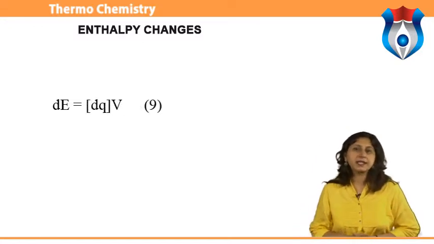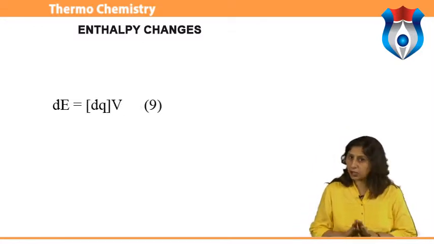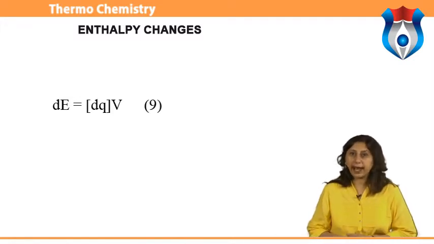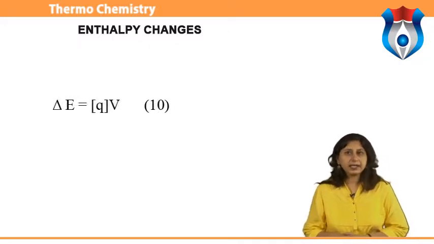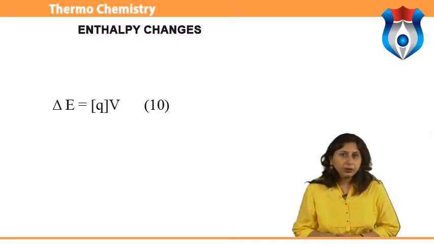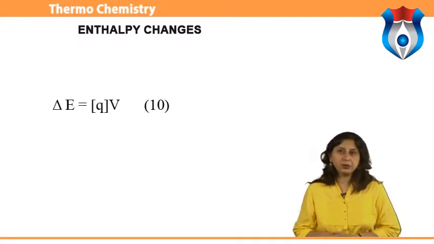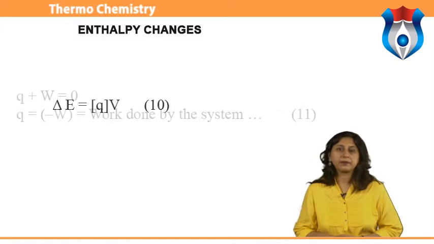If the volume of the system is kept constant, that is, no work is done, then dV is equal to 0, and equation 6 reduces to dE is equal to dQ_V, or delta E is equal to Q_V.